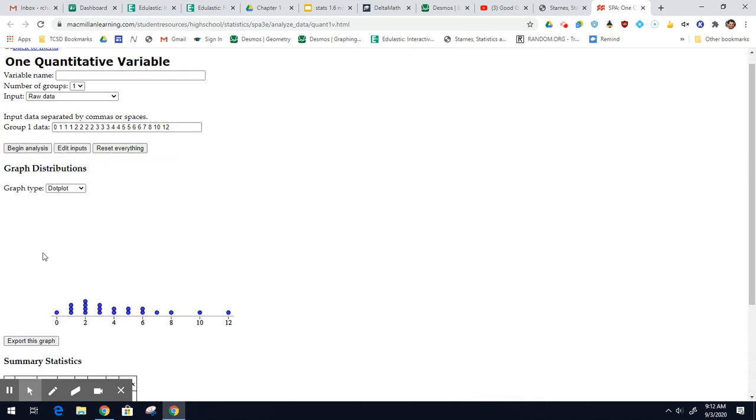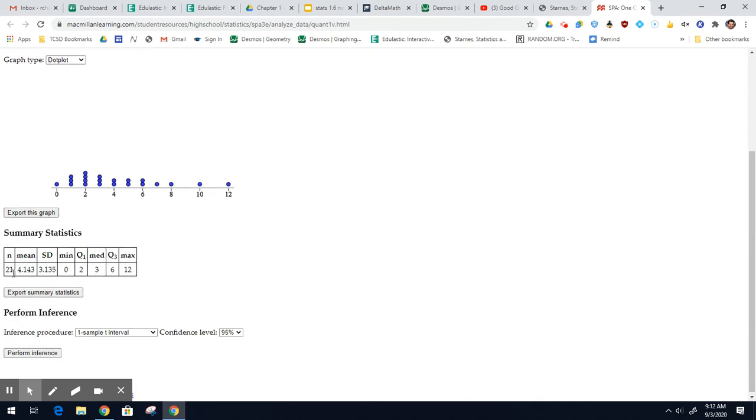I'm going to begin my analysis. Let's go down to the summary statistics. There are 21 numbers, and I do have a mean of 4.143. So again, this is what I'm looking for. I'm going to write that down on my piece of paper: the mean I got with the 12 included was 4.143.